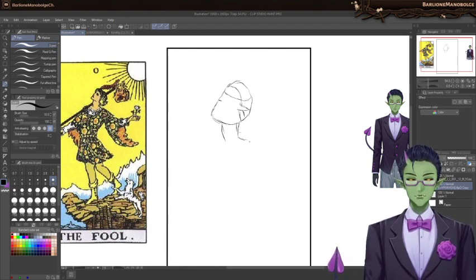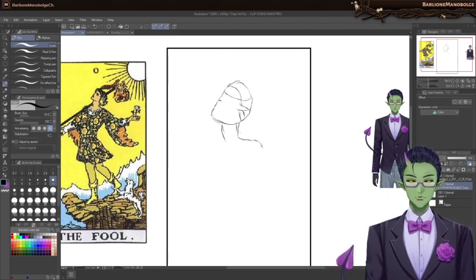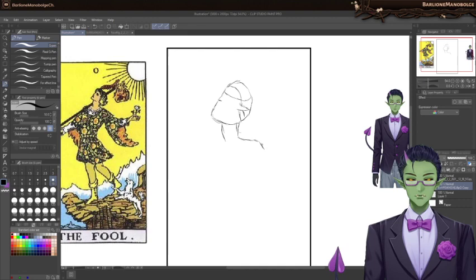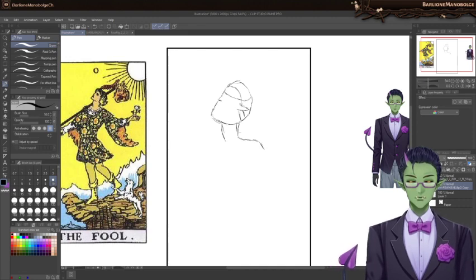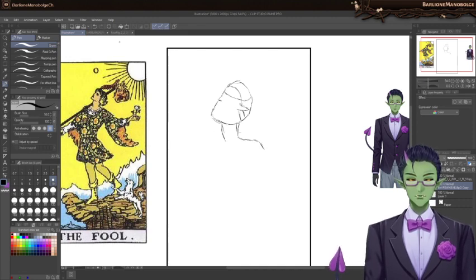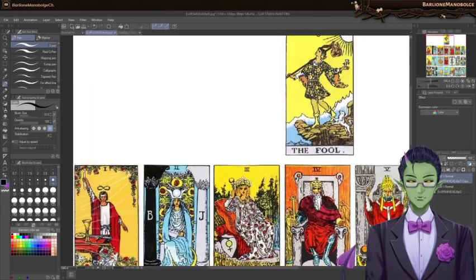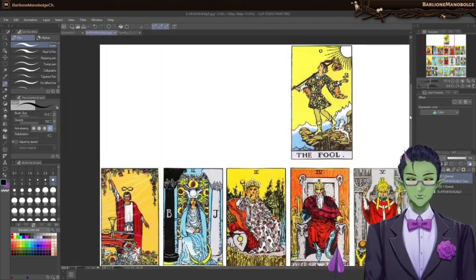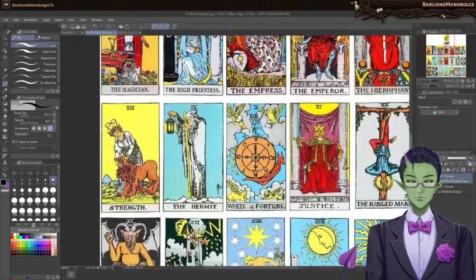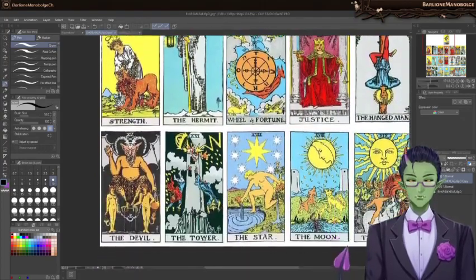Fortunately, many of the drawings for the tarot cards are flat, aren't very dynamic, so it's all very much straightforward, looking at perspective or half perspective.